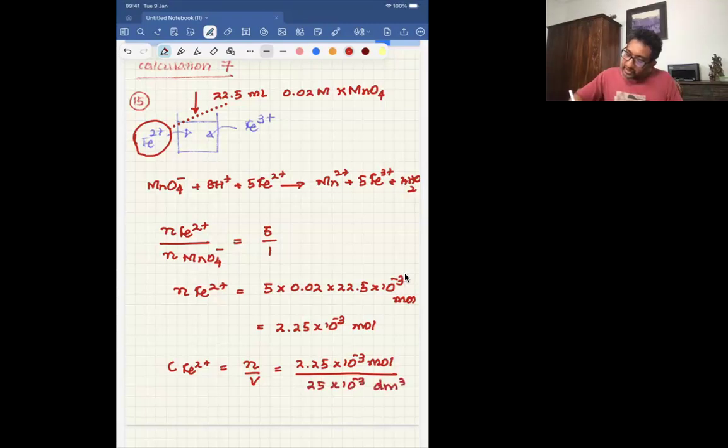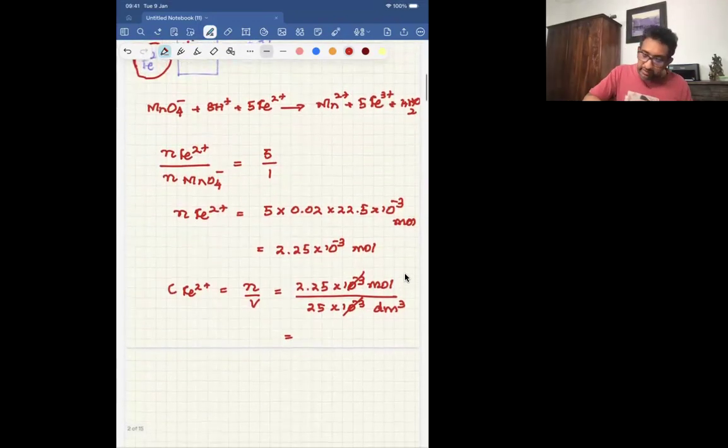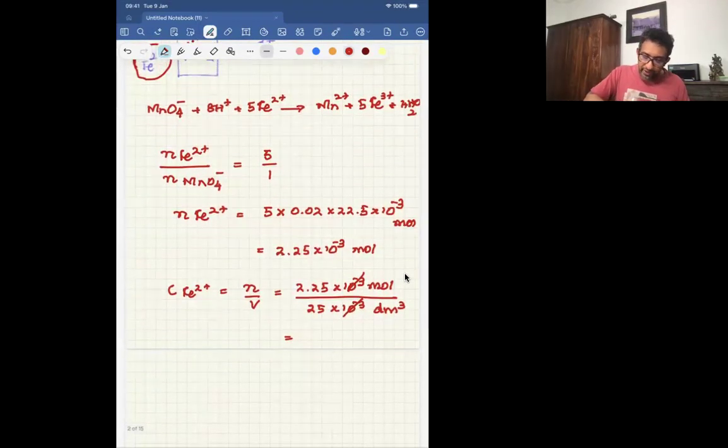Right? So get a hold of these calculations. 2.25 divided by 25 is equal to 0.09. Concentration is 0.09 moles per cubic decimeter. Right? Okay. Now what is the next thing that you do?